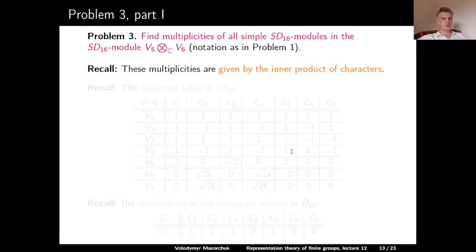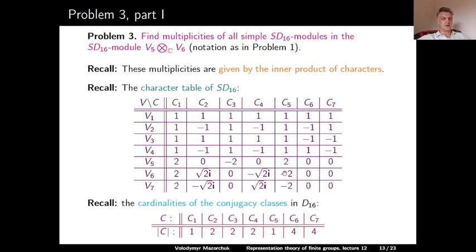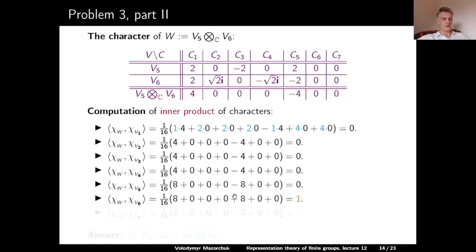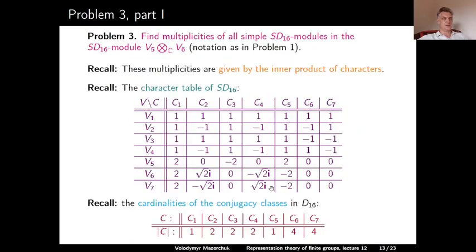So if you look at the character of V6, this is a character which has value negative 2 on the conjugacy class C5. So in our formula, we will get here plus 8. So 8 plus 8 divided by 16 is equal to 1. So V6 appears with multiplicity 1 in W. And similarly, V7 appears with multiplicity 1 in W. So we also know that the characters of V6 and V7 are not real valued.